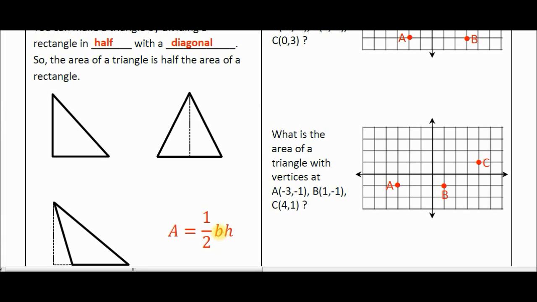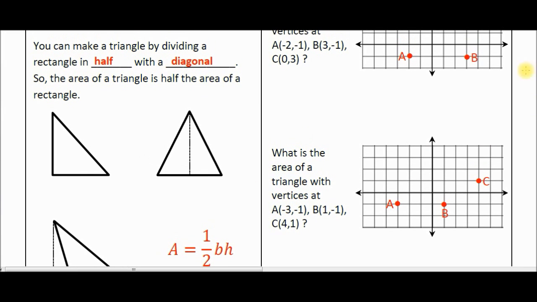Remember that the area of a rectangle is area equals base times height. We get this 1/2 exactly because of what I just explained. Because a triangle is really just simply half of a rectangle. That means the area is going to be half of the base times height, or half of the area of the rectangle that it's part of.